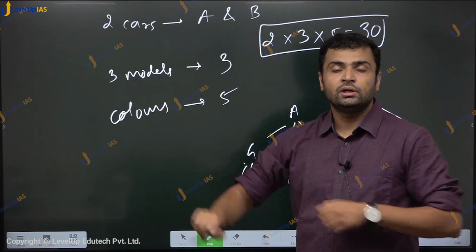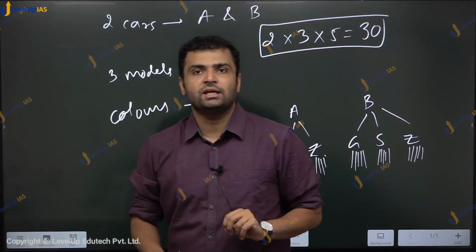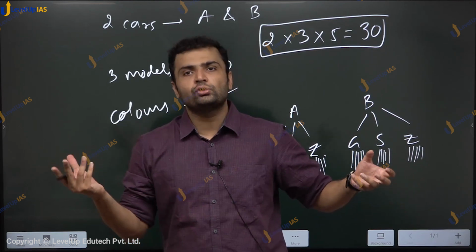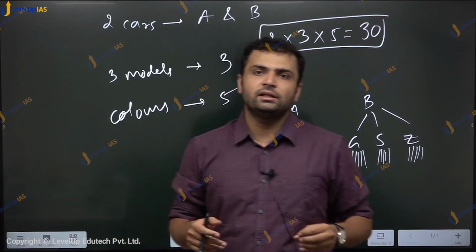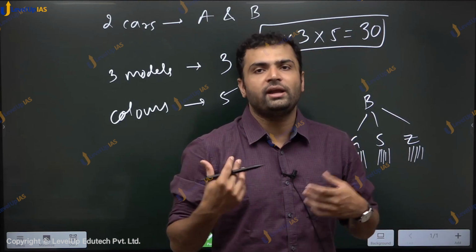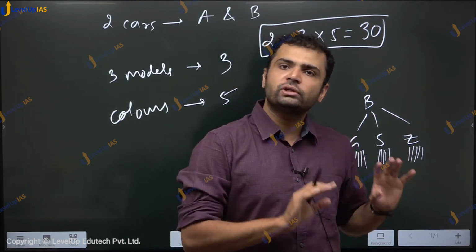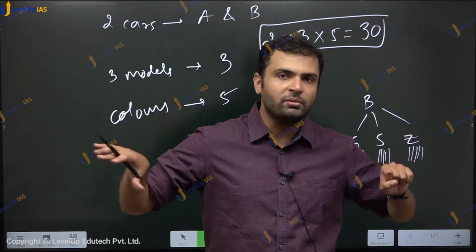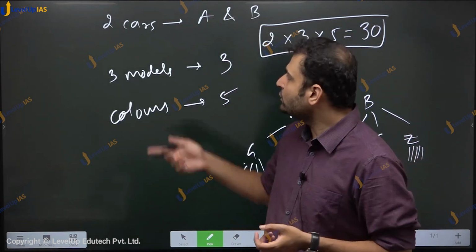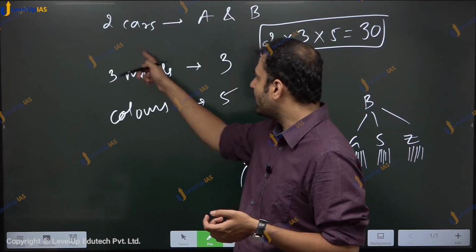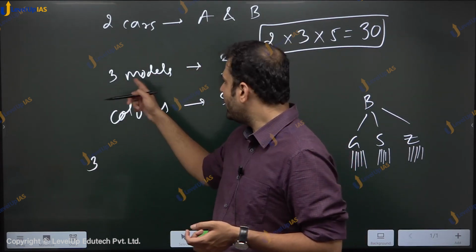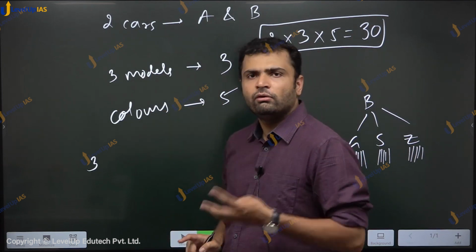What do I have to do? I have to make 2 separate cases. That अगर मैं कार A चूज करता हूं तो क्या होता है, एंड कार B चूज करता हूं क्या होता है. I can either, if I am Kritika, I can choose car A or I can choose car B, right? और मतलब एडिशन, तो कार A के चॉइसेस प्लस कार B के चॉइसेस ऐड होंगे. If I choose car A, I can choose any one of the 3 models, correct? And for each model I have 4 colors.